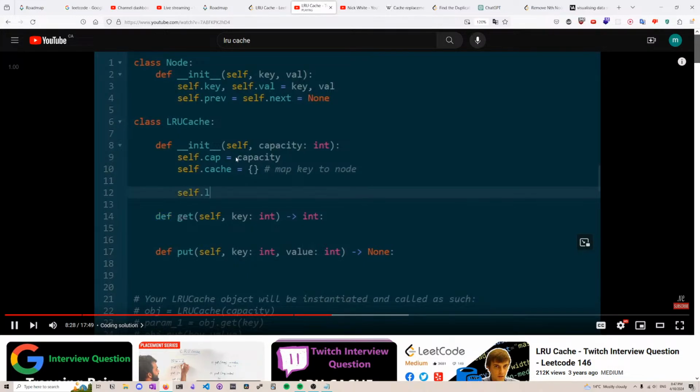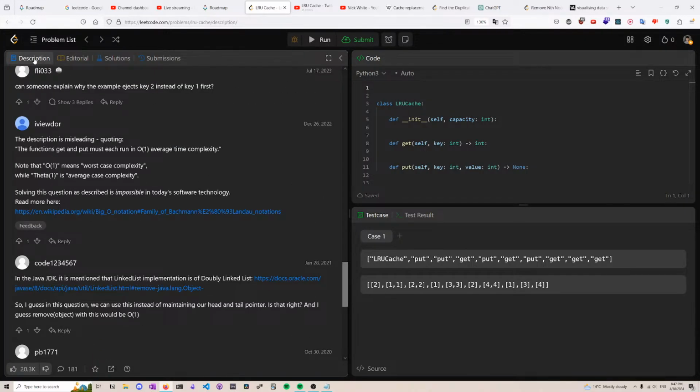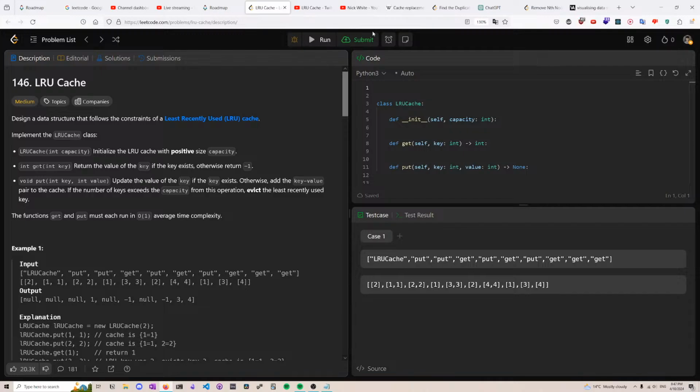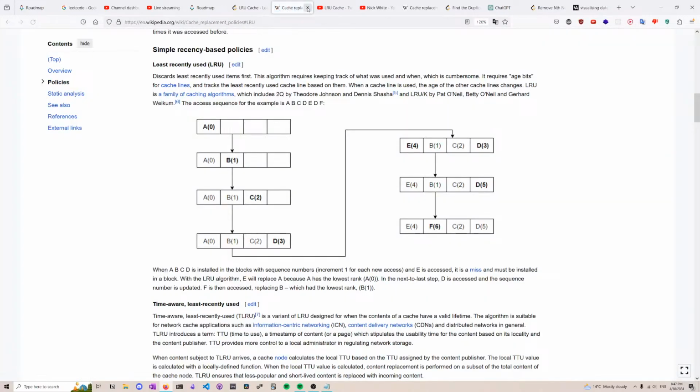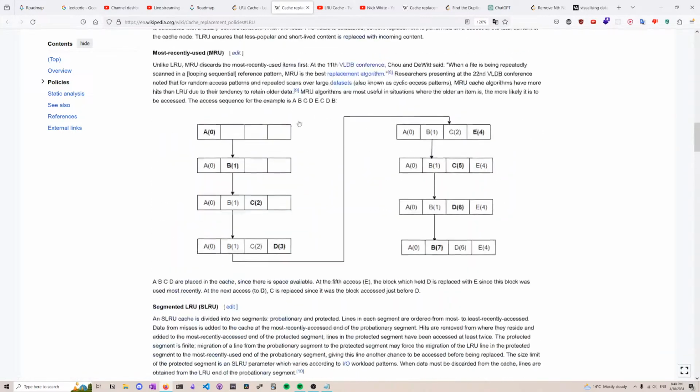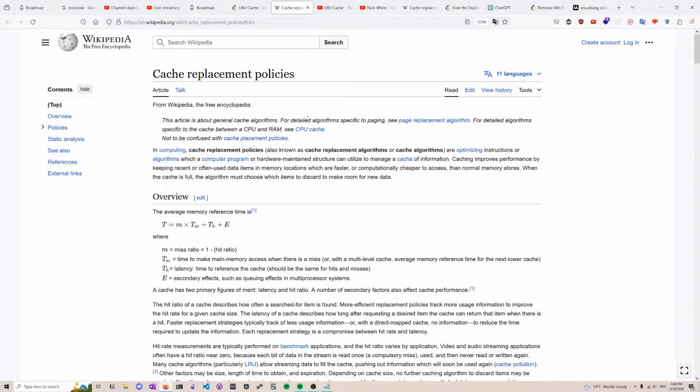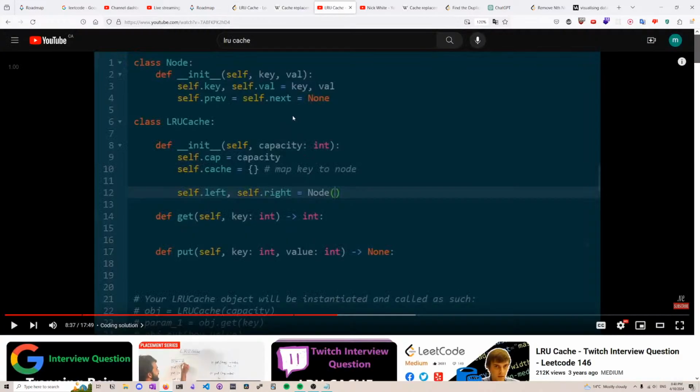have any values in our cache, we want to have a couple dummy pointers, a couple dummy nodes, which tell us what are the most recent and least recent values that we added.